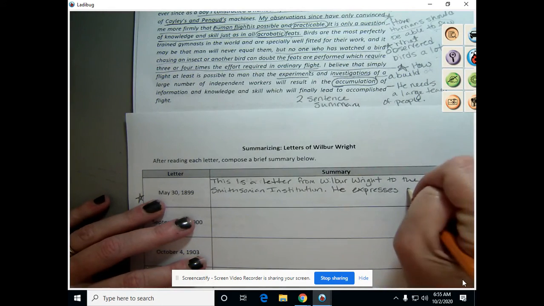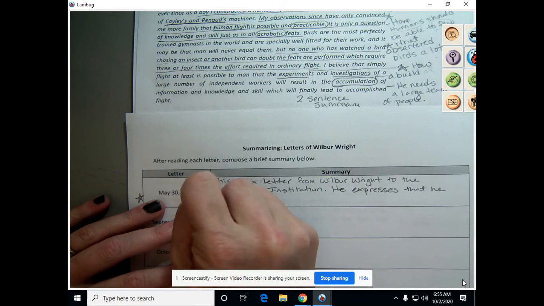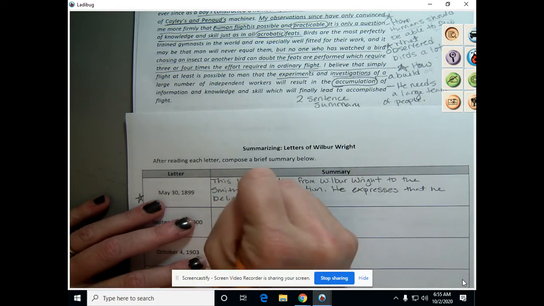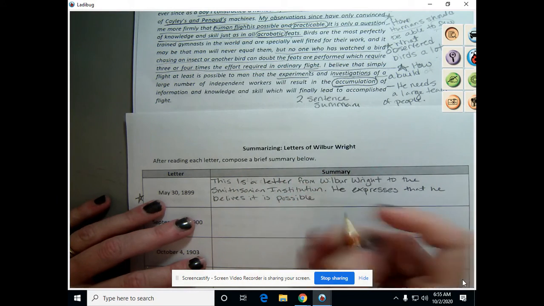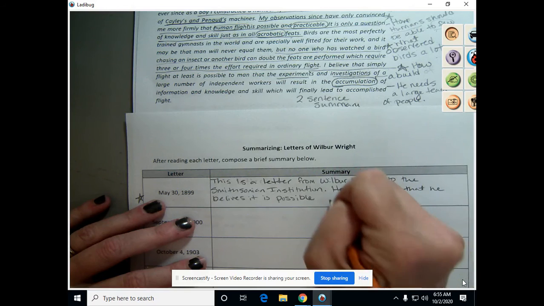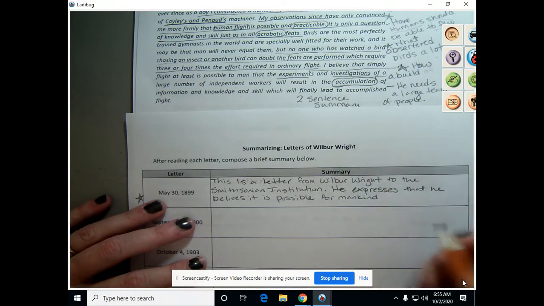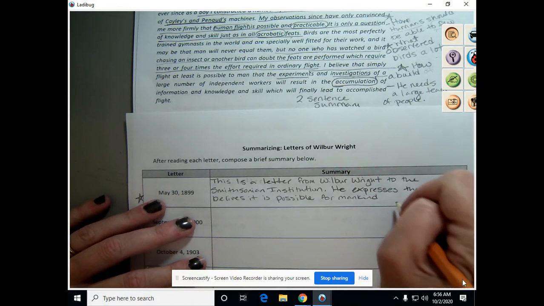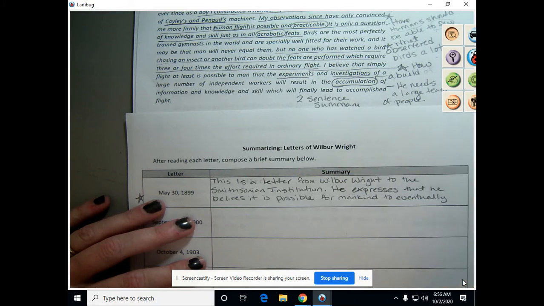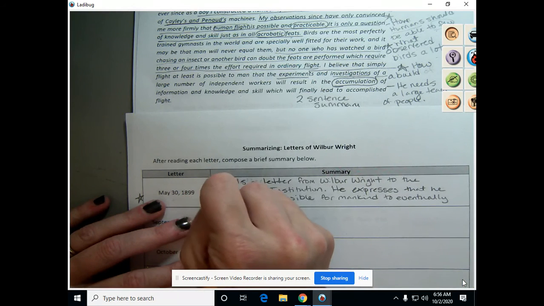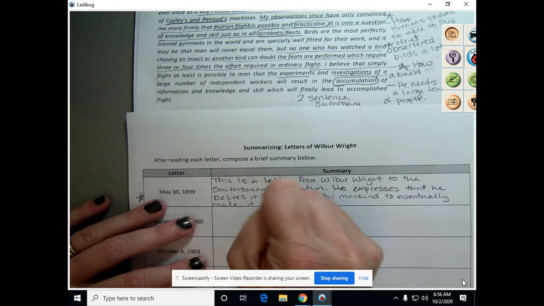So he expresses that he believes it is possible for mankind to eventually make it into flight.